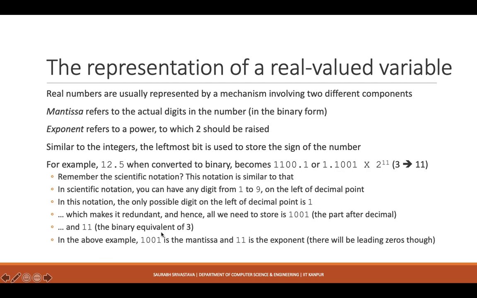In the above example, 1001 is my mantissa and 11 is my exponent. Of course I have not added the leading zeros here, but if I have to use more bits in order to save this exponent and mantissa, I'll have to just add more zeros here. Again, the actual representation will be in the 2's complement form, and that we are not going to discuss.